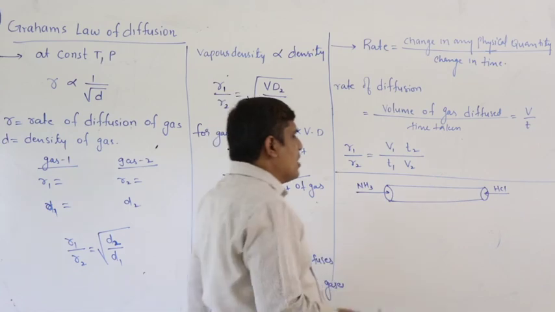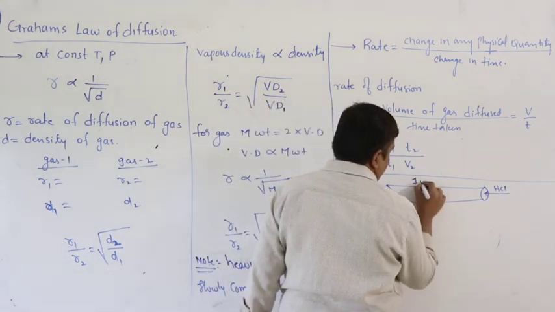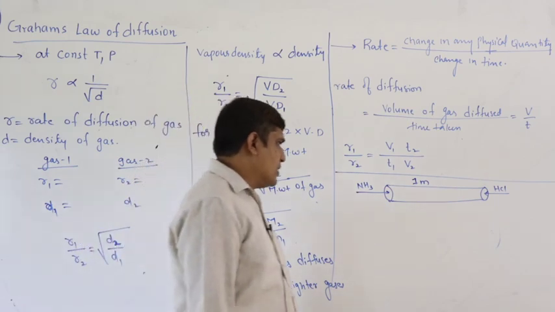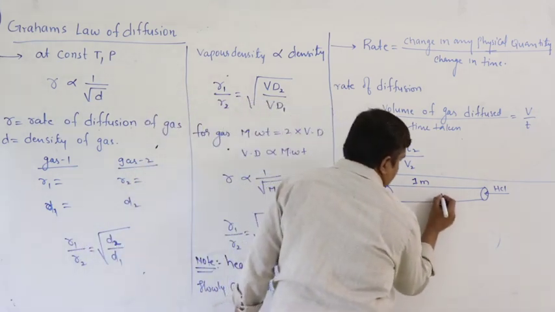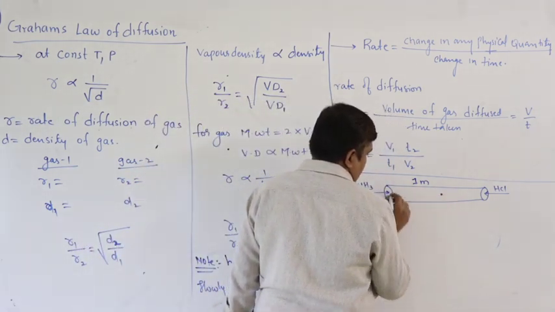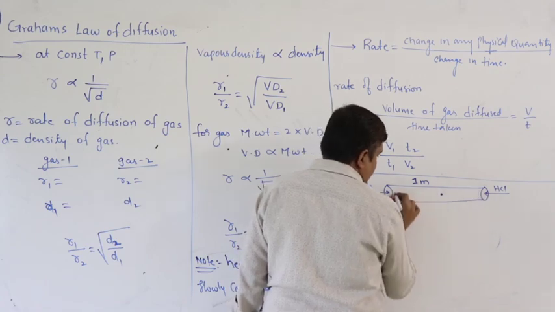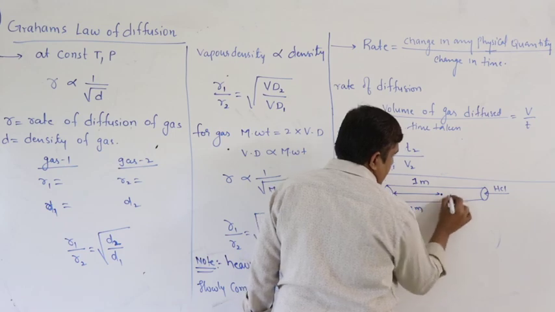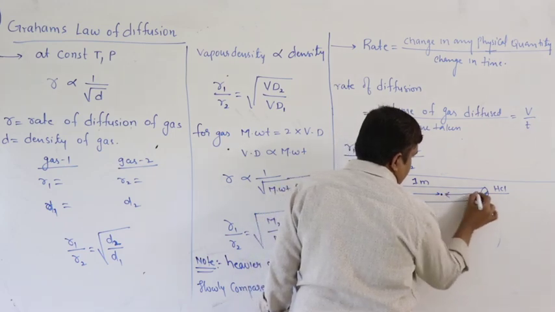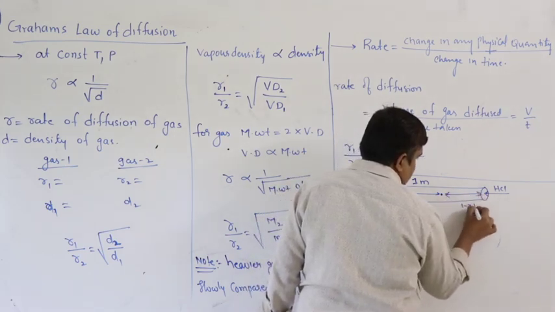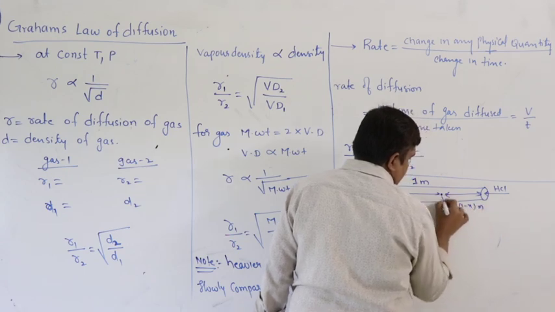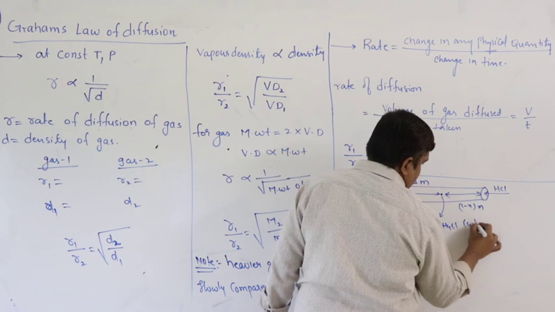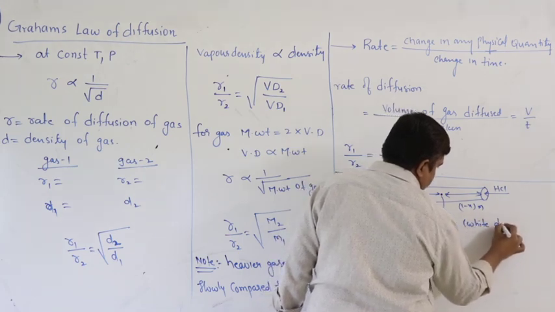Let us assume the length of the tube as 1 meter or 100 centimeters, whatever it may be, that will be given. Imagine they will meet at this point. Ammonia comes from here, HCl comes from here. So ammonia is traveling this distance, let us call x meters. Then HCl has to travel this distance, 1 minus x meters. So at this point you will get ammonium chloride, white dense fumes appear.